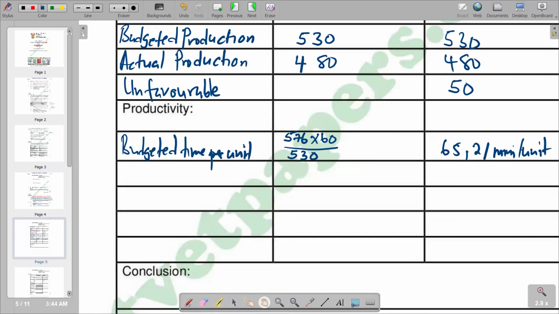So we come here, we say actual time used per unit. So basically we are saying 560, and then we multiply by 60 and divide by the actual production, which is 480.